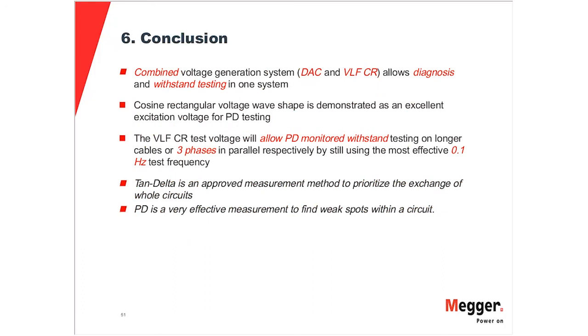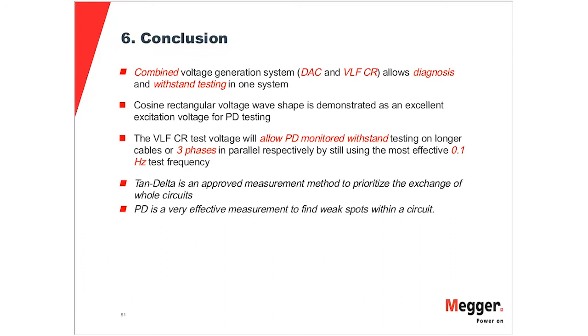And also very important, if you are asked what is the main difference between Tan delta and PD, I try to highlight it here. Tan delta is an overall indication about the total insulation of the whole circuit under test, while PD is a very effective measurement to find the weak spots within a circuit.